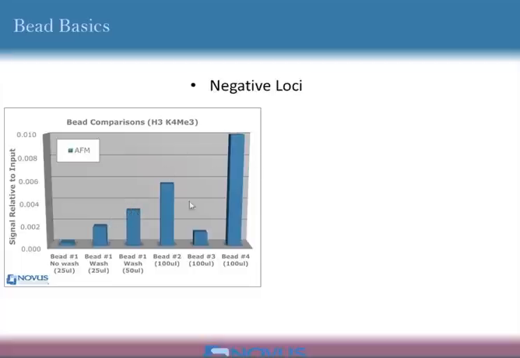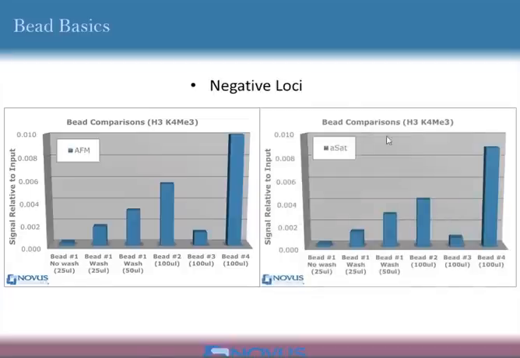When looking at the other 3 beads that didn't really pull down anything before, we can see that some of them are higher. And if we look at one of the other loci here, the alpha satellite heterochromatin, that again should not amplify, we see the exact same pattern as we did with our AFM here.